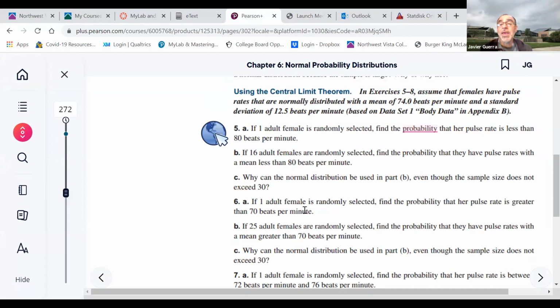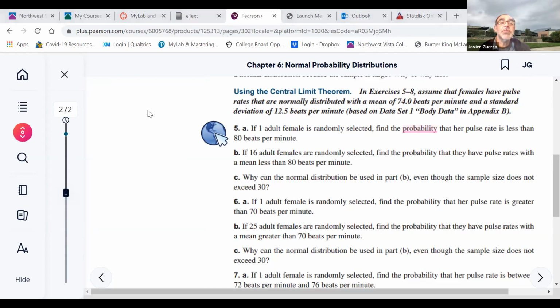Why is it that we can use this central limit theorem? Does anyone know? It was one of the requirements.